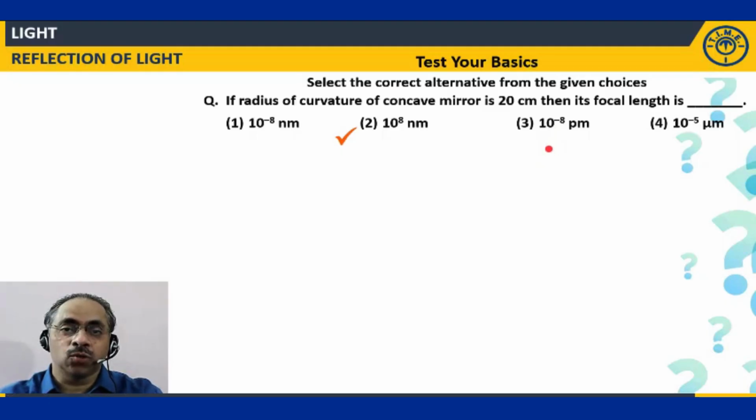So 10 power minus 20 meter, this is not the answer. 10 power minus 5 micrometer. Micro refers to 10 power minus 6. So I'll get 10 power minus 6 into 10 power minus 5, which means 10 power minus 11 totally. 10 power minus 11 meter, this is also ruled out. So finally the answer, as we mentioned, is only the second option. Clear? Next one.